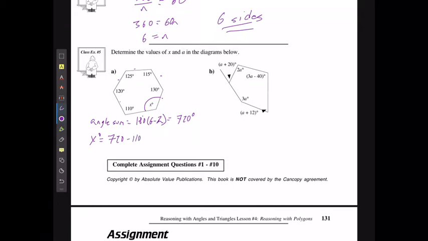Take away 110, 120, 125, 115, and 130. x is going to be 120 degrees to make these all add up to that 720.